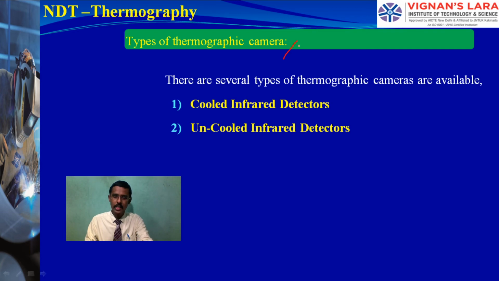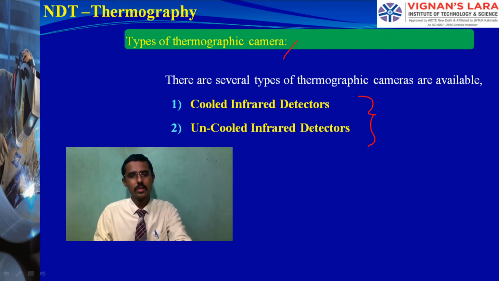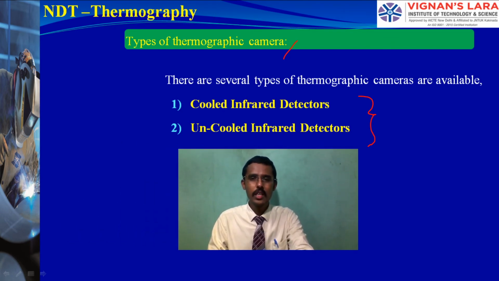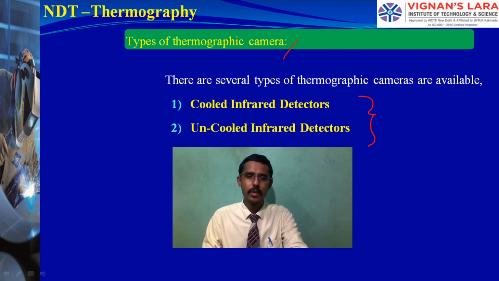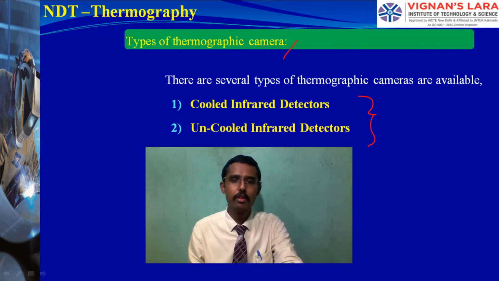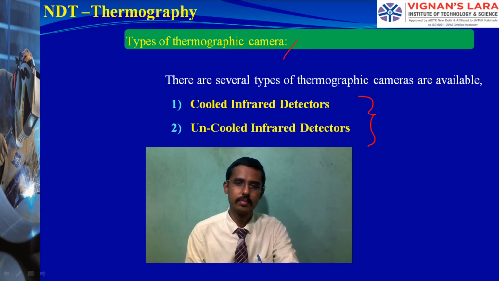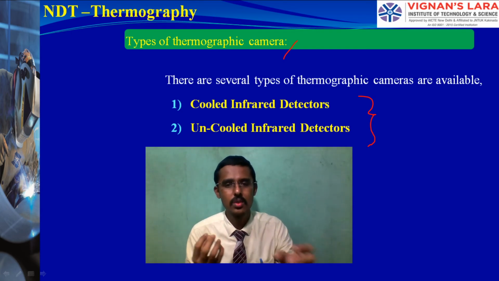There are several types of thermographic camera. I am dividing them into two types, and every type has some subdividing types also. Number one is cooled infrared detectors, and number two is uncooled infrared detectors. The cooled infrared detectors are usually helpful for high temperature applications, because, as the name says, they are cooled.